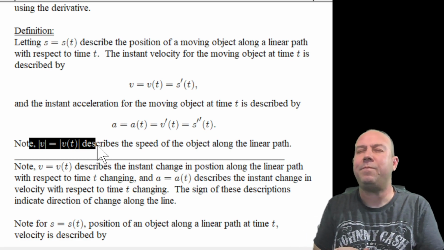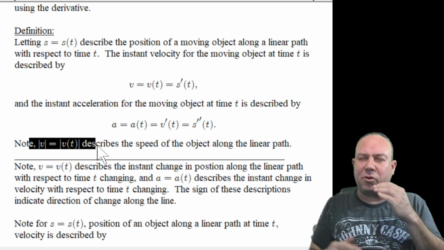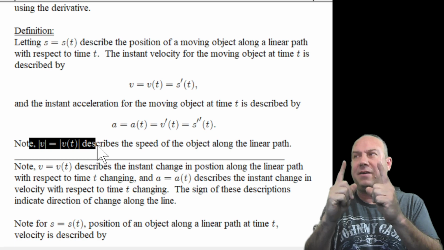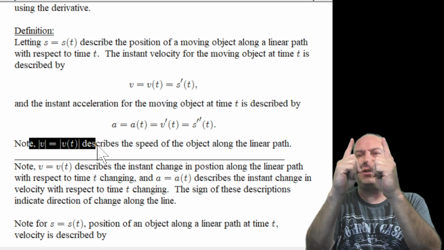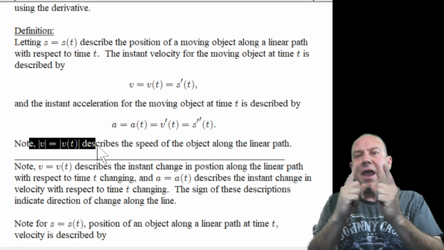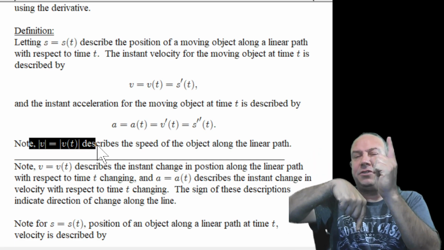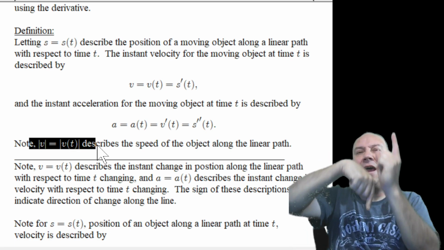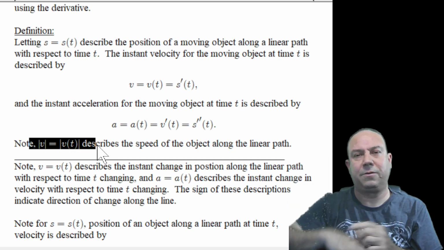Right? And then, in summary, describing the actual motion, if velocity and acceleration are moving in the same direction, the object is speeding up. And if they're moving in opposite directions, they're working against each other to slow the object down. All right.